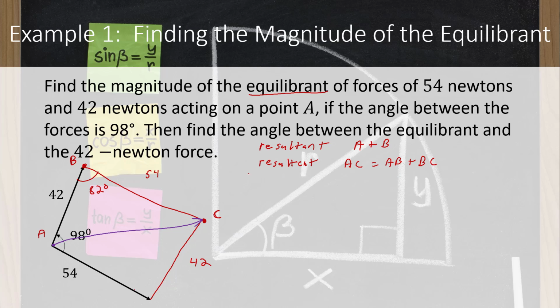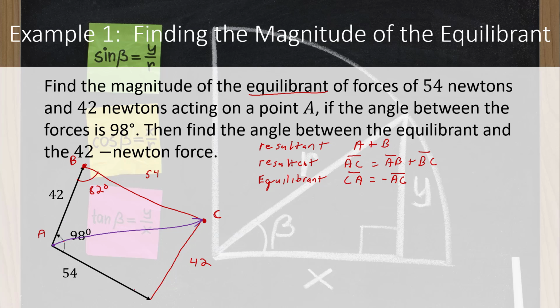So if that's the resultant, then the equilibriant is going to be the vector CA, because remember the equilibriant is the opposite of the resultant. Maybe we can put little lines over here to remind us that these are vectors.